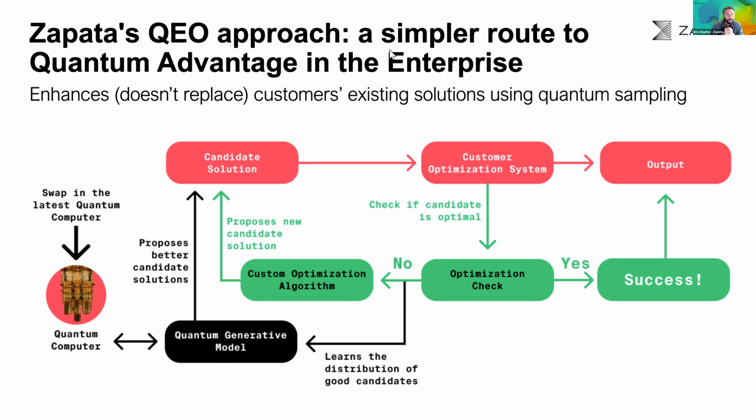The outputs are known, and what we can do is add in additional quantum generated solution candidates in this situation. So this leverages the type of research that Sonika went over with us. And it also leverages the customer's existing systems that are already in place.